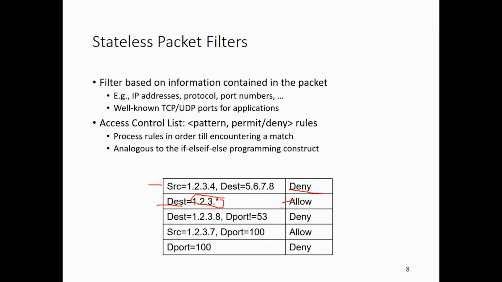And in the third rule, all traffic to the destination IP address 123.8 on a port not equal to 53 is denied. This is only an example to show that the stateless packet filter is based on IP addresses and port numbers.